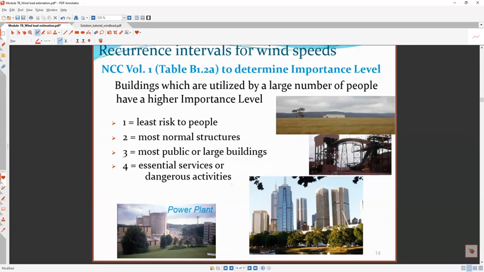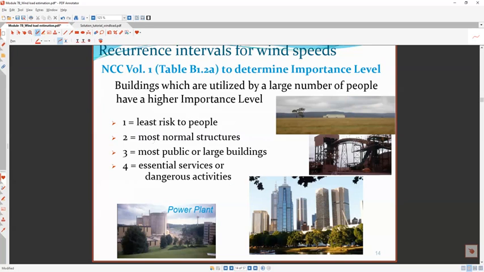Now 4 is very important: essential services or dangerous activities like a nuclear power plant, or even a hospital or stadium, where people can take shelter in case of any emergency event. So category 4 is critical. Category 3 mostly will have it, so you will mostly have category 2 and 3.